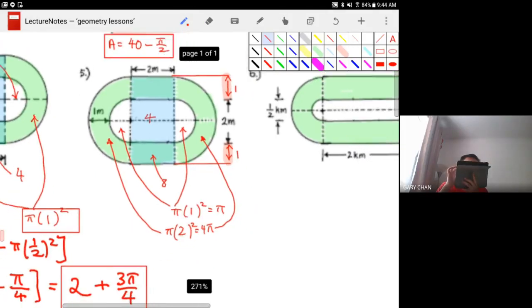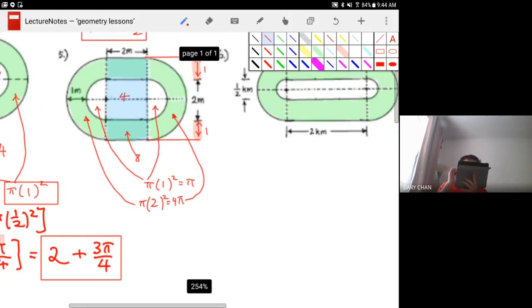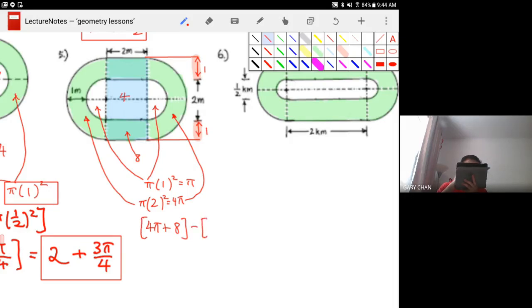So now, in the same spirit as the last question, we are going to combine the larger with the smaller. The larger circle is 4 pi, and the larger rectangle is 8, and we're going to subtract the smaller circle, which is pi, and the smaller rectangle, which is 4.